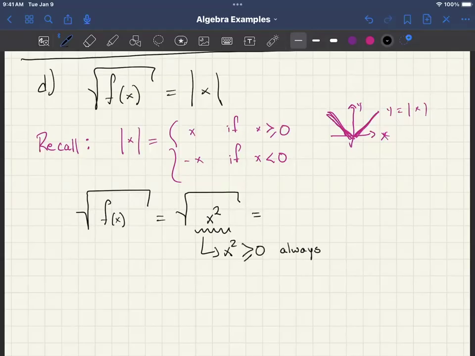So what that tells us is when we take the square root of that positive number or 0, that number will also be greater than or equal to 0 always as well. So it really doesn't matter what number you start with. You are always going to get something that's positive, and they're going to cancel each other out. So you get a regular x, but it's not quite x, it's absolute value of x.